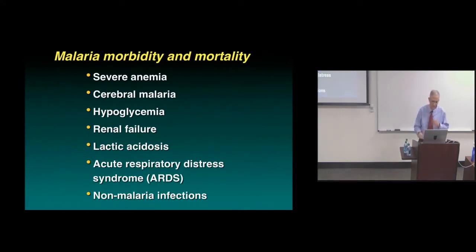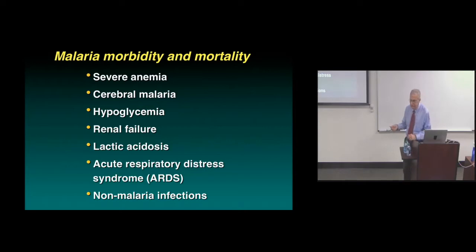Now, the morbidity and the mortality that come from malaria come from different things. These people have severe anemia. I'm a hematologist, oncologist. We see patients in our clinic, and we think they have severe anemia if their hemoglobin is maybe 9 or 8 instead of the 12 or 13.